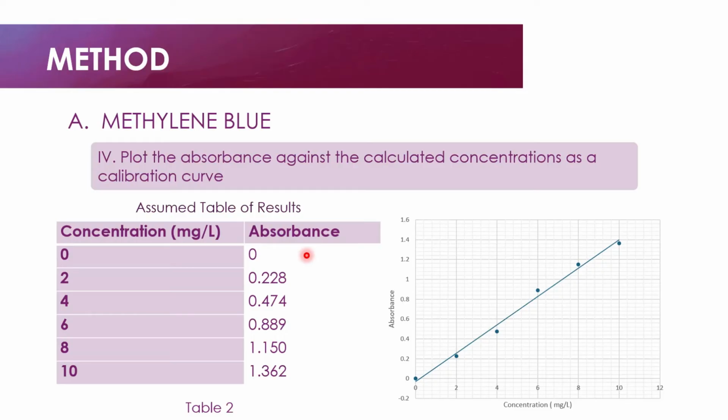And if you see over here, the first test tube is given as 0 because we used it as our blank against the rest of the test tubes. So to plot a calibration curve, we just plot the absorbance values on the y-axis against the calculated concentrations on the x-axis to get our calibration curve.